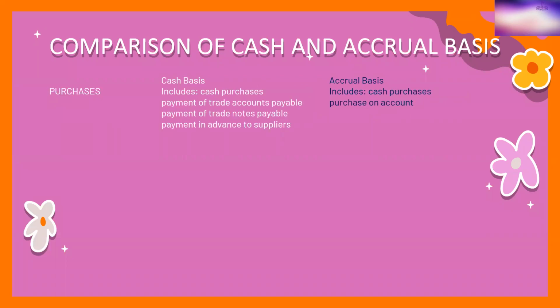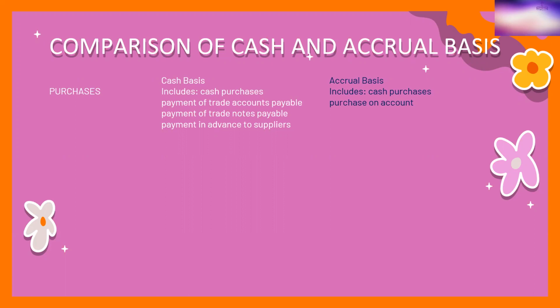Okay, so we go now to purchases. Purchases under the cash basis includes your cash purchases, payment of trade accounts payable, payment of trade notes payable, and payment in advance to suppliers.